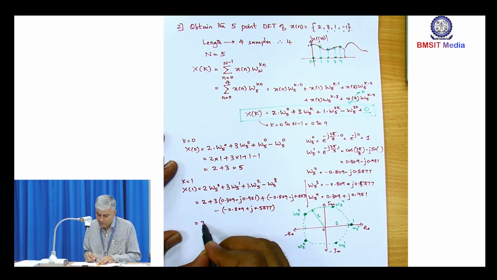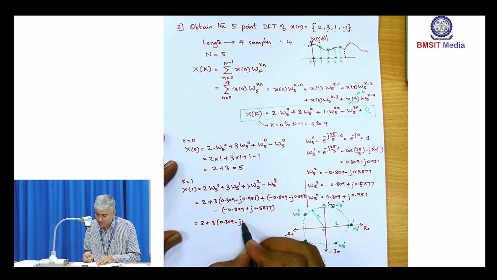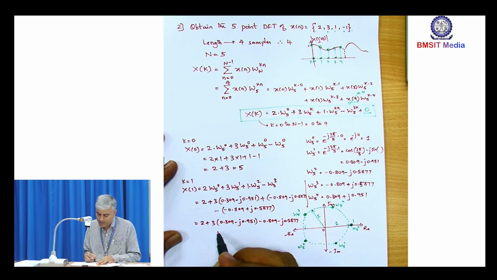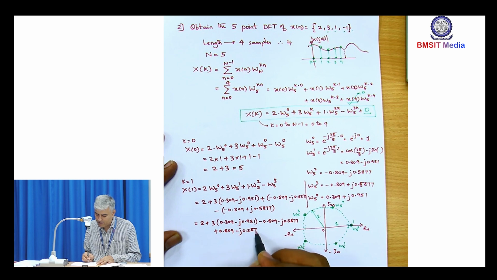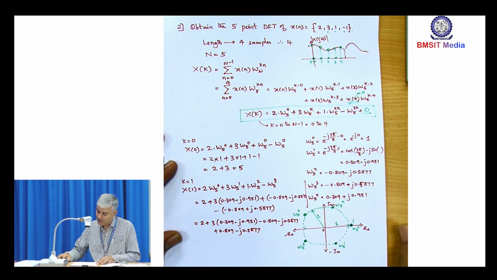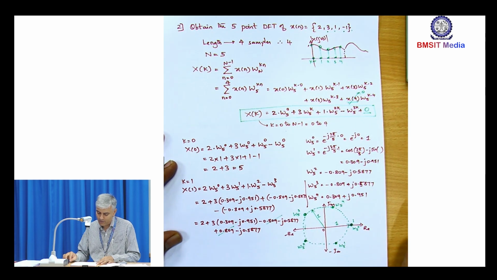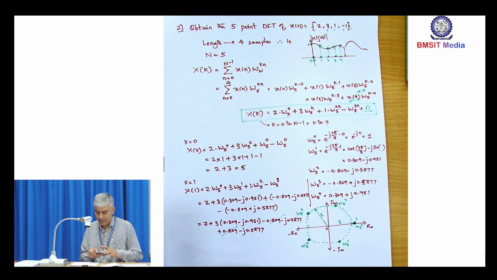So this is 2 plus 3 into 0.309 minus j 0.951 minus 0.809 minus j 0.5877, minus of minus is plus 0.809, minus of this is minus j 0.5877. So you will see here, this is getting cancelled and these two are same values. So let's use a calculator and find out the values.